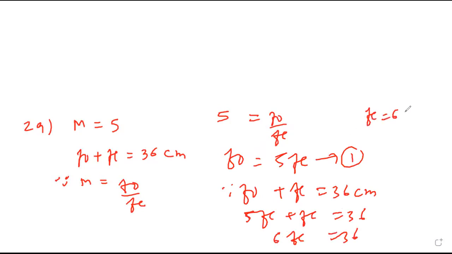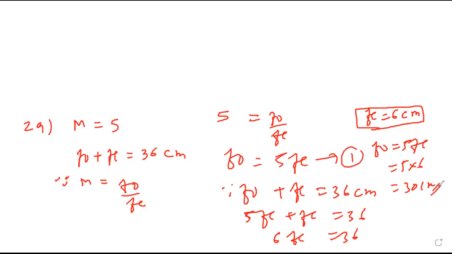So FE equals 6 centimeter. And FO is 5 times FE, 5 into 6, 30 centimeter. So objective 30, eyepiece 6. Which option? Just check. D.